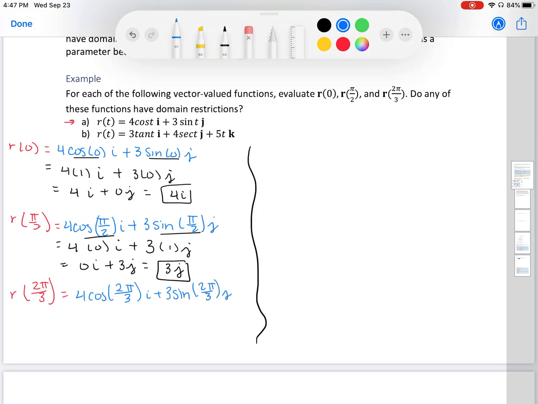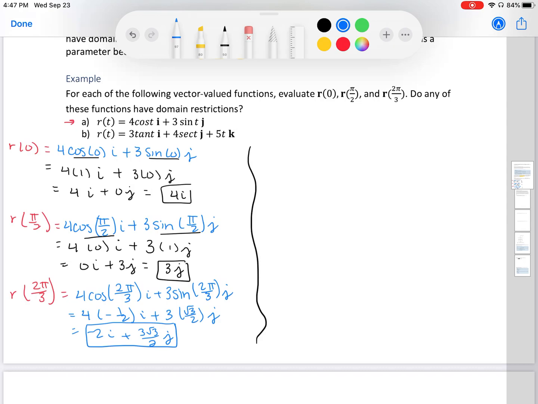So refer to our unit circle: at 2 pi over 3, cosine is negative 1/2. So I have 4 times negative 1/2 i, and sine is square root of 3 over 2, so I have 3 times square root of 3 over 2 j. We clean it up. You get negative 2i plus 3 square root of 3 over 2 j. And that's our answer for that one.